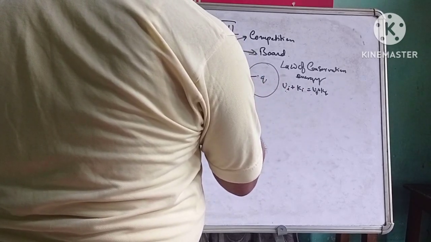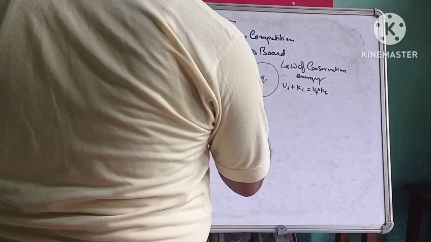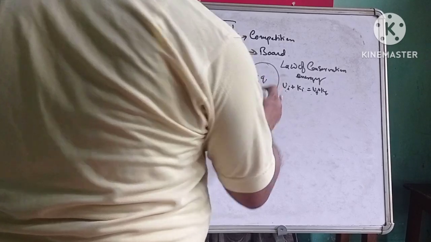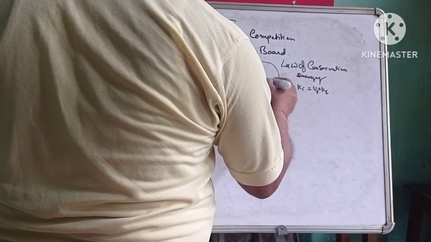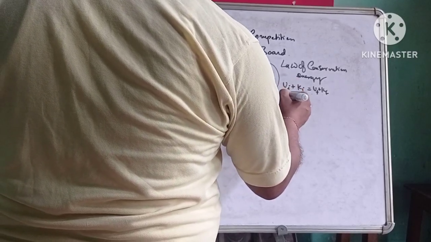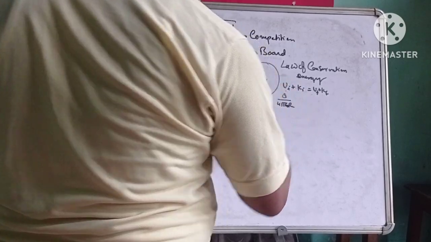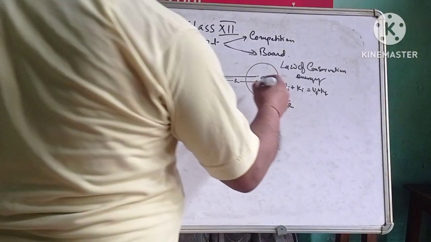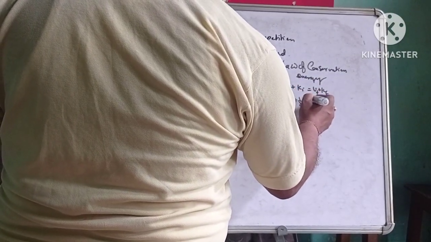Suppose this is at a distance R. The potential here, due to the charge, will be Q by 4 pi epsilon naught R, and initially your kinetic energy will be half mv square.